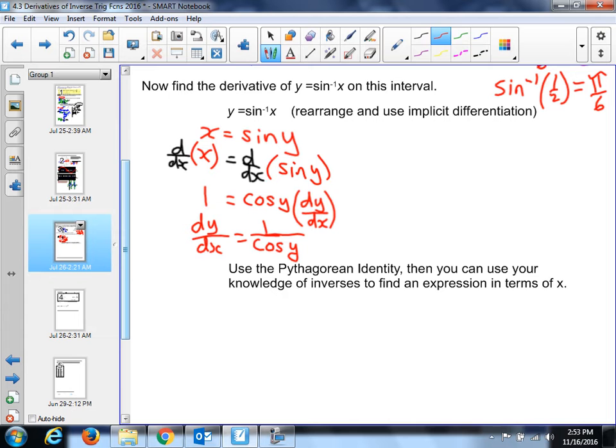This doesn't get us too far. Use the Pythagorean identity. Huh? Why would I use the Pythagorean identity? I'll tell you a little bit why.